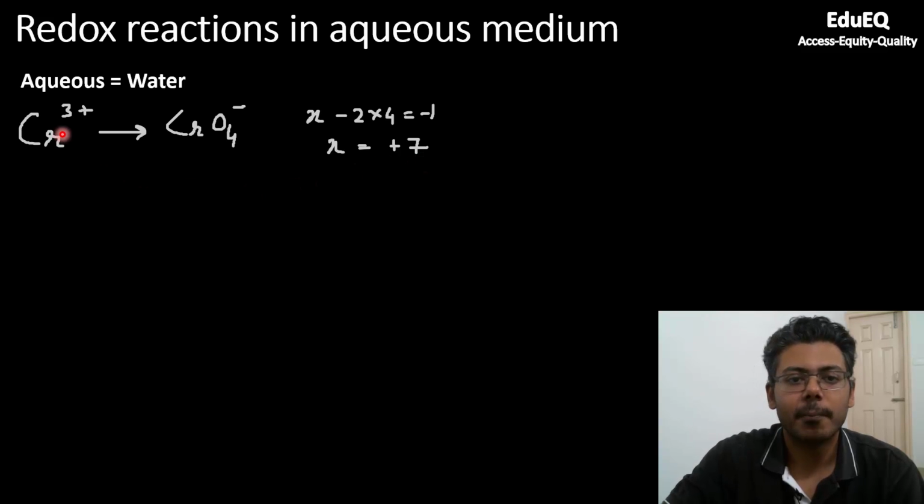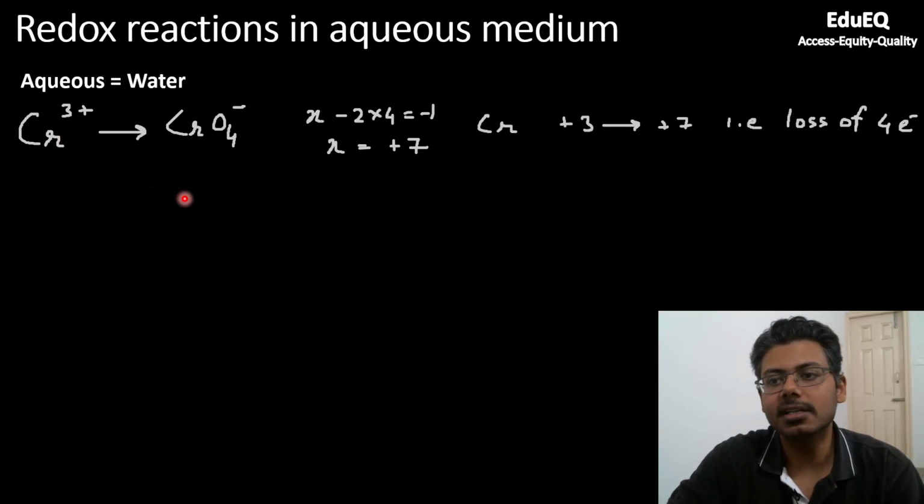It means plus 3 to plus 7 is the change in oxidation state, which is nothing but loss of 4 electrons. If you lose 4 electrons from plus 3, you will come to plus 7, because losing 1 electron increases the valency by plus 1. And that is what is happening here.